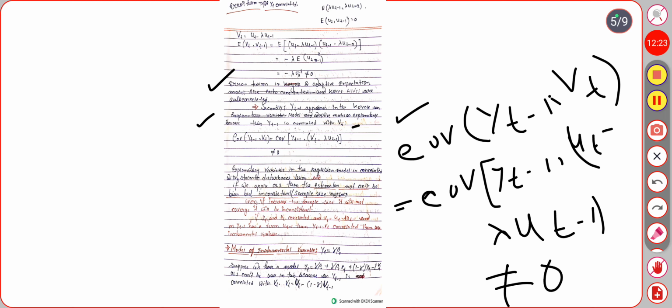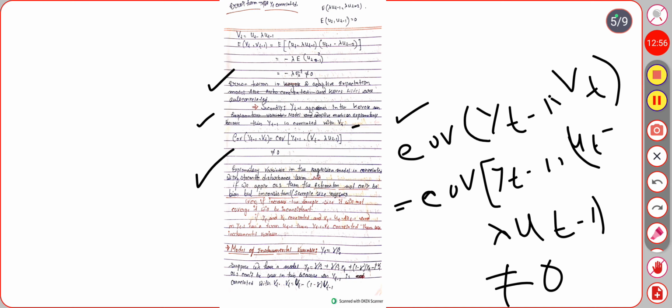So the explanatory variable in the regression model is correlated with the stochastic disturbance term, and if we apply OLS, then the estimator will not only be biased but also inconsistent. Even if we increase the sample size, it will not converge; it will be inconsistent.